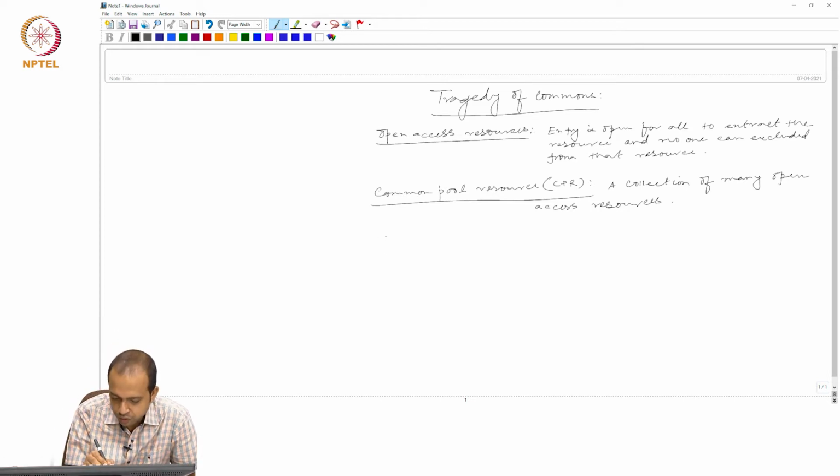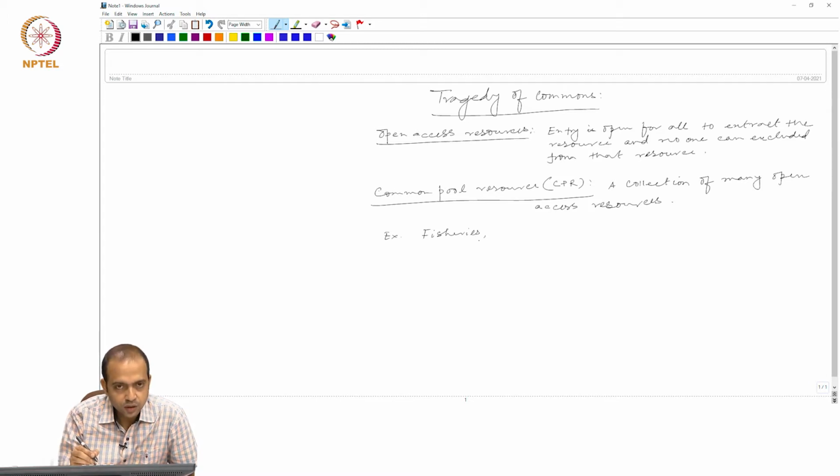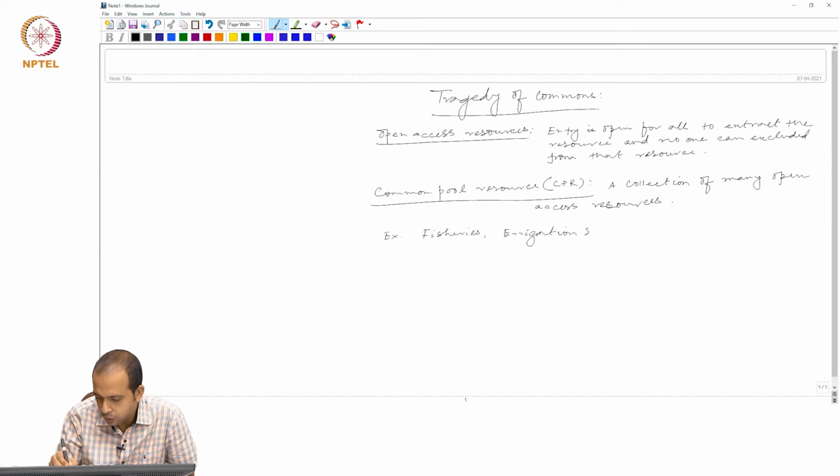As an example, we can take fisheries, then we can think about irrigation systems, and you can also think about, let us say, forestry.